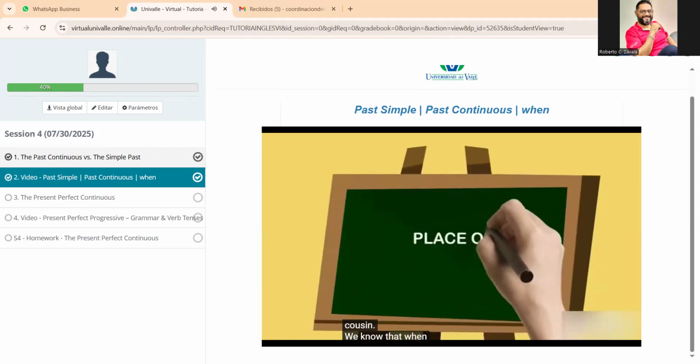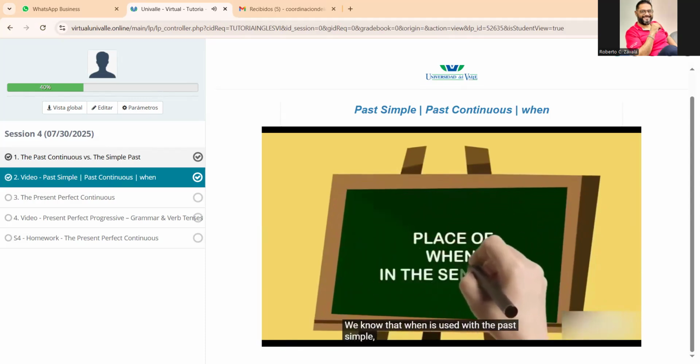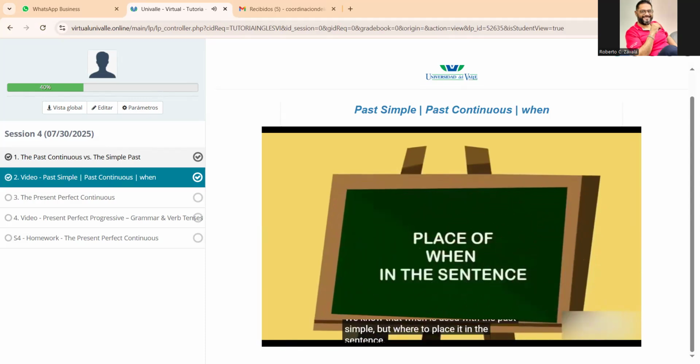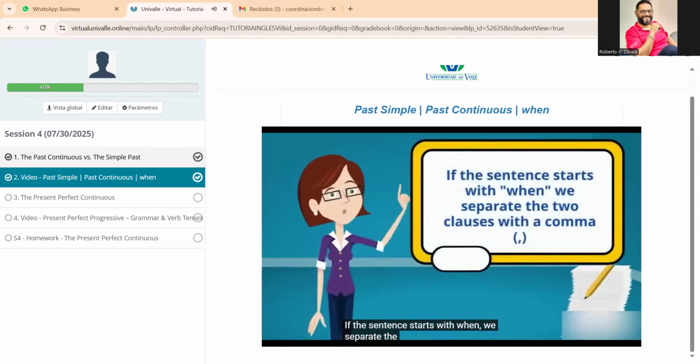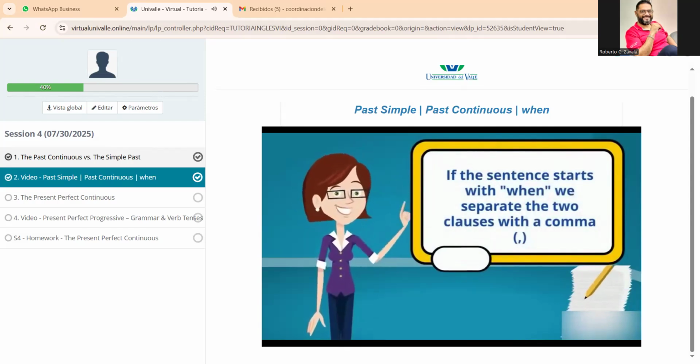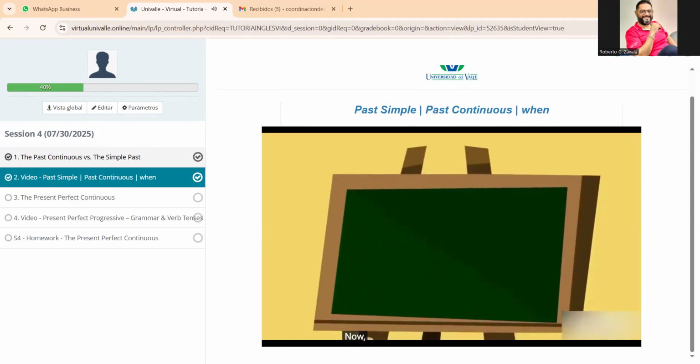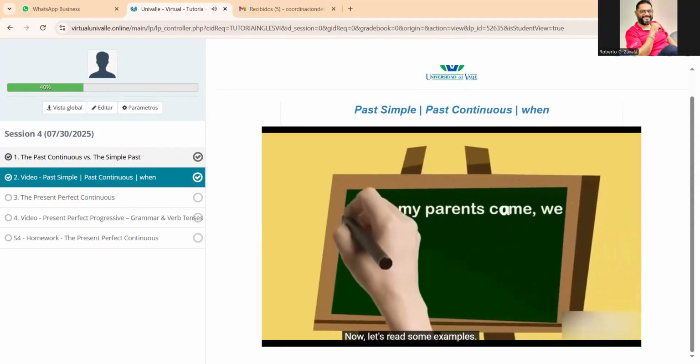We know that when is used with the past simple, but where to place it in the sentence? If the sentence starts with when, we separate the two clauses with a comma. Now let's read some examples.